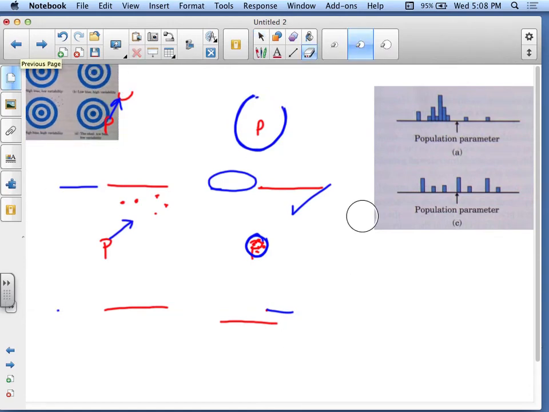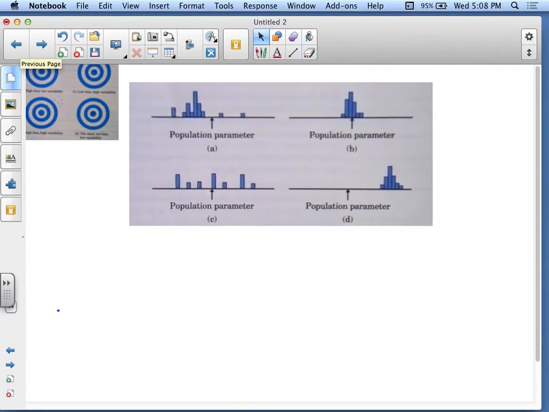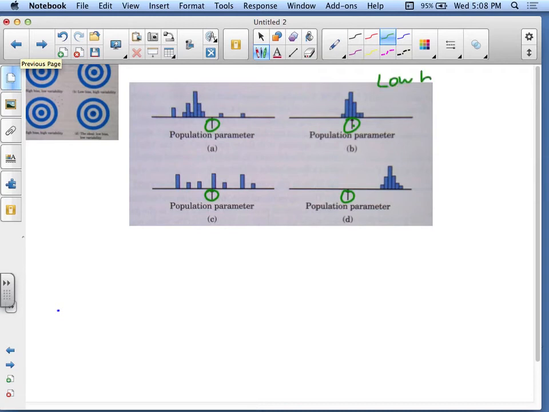Let's erase this. All right, now, this falls in the same format. Notice, here are my parameters. The distance right here means that's going to be low bias. This one is further away from the parameter, so this is going to be high bias.